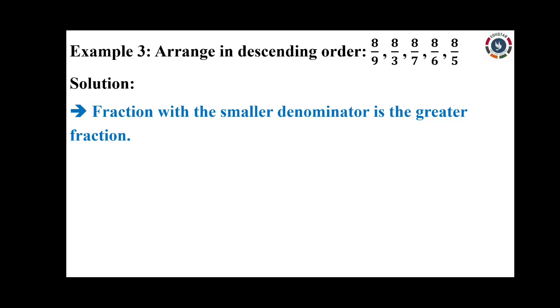When ordering in descending order, we have to start from the smaller denominator fraction because the fraction with the smaller denominator is the greater fraction. So 8 by 3, 8 by 5, 8 by 6, 8 by 7, 8 by 9.